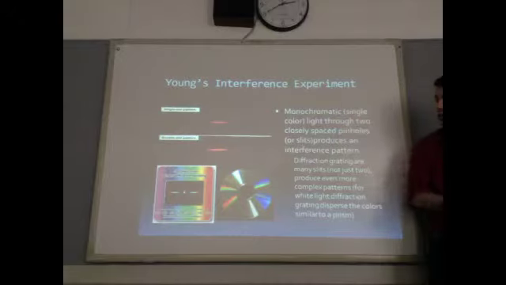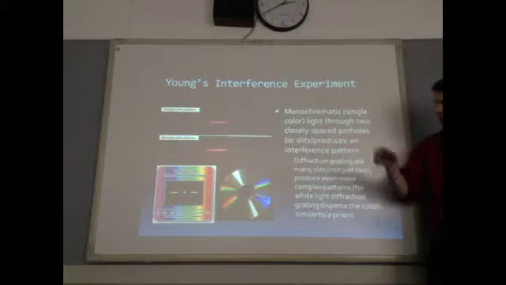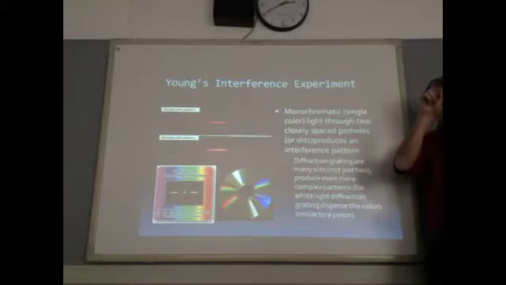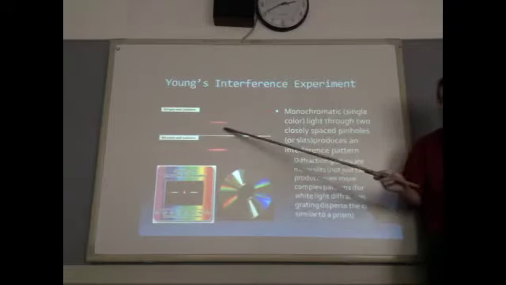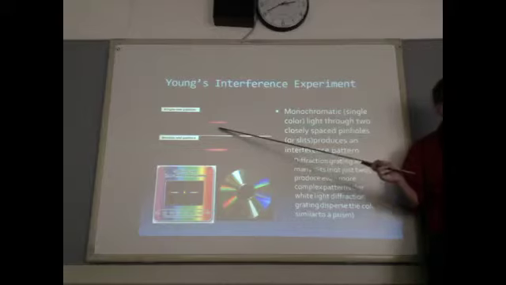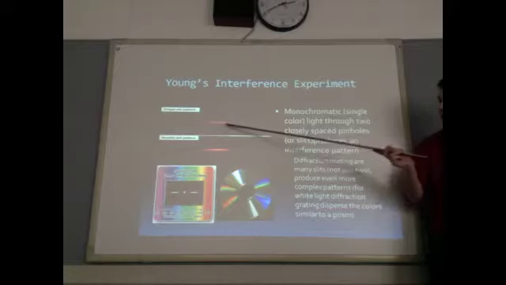Young found this out with what is called a double slit experiment, or Young's interference experiment. He actually used pinpoints instead of slits, but slits work. You take two little slits and you cut them into paper, very small, very close together. And when he put monochromatic light, so light of one color, into it, he got this, a spread out from diffraction.